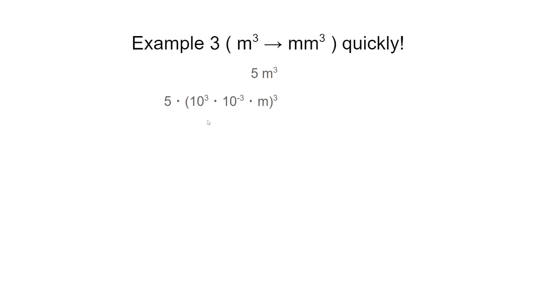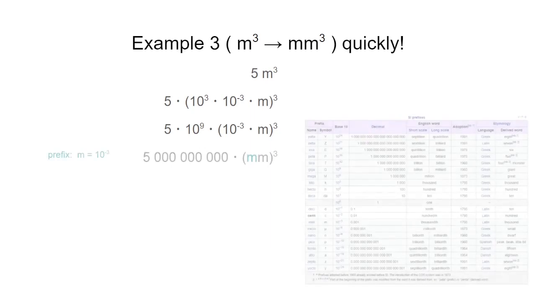and we choose the minus 3 and 3 because of the milli. We factor out 10 to the power of 3. It becomes 10 to the power of 9 because we have this exponent here outside of the parentheses.